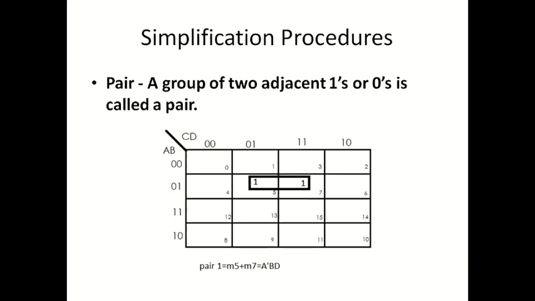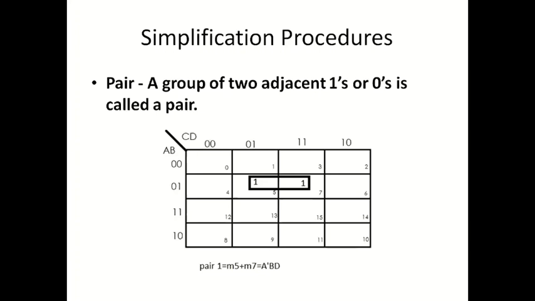Now let's see D. In M5 the value of D is 1, and in M7 the value of D is 1. So in both columns the value of D is 1. It is keeping its value, so we have to take D. So finally, your term is going to be A complement dot B dot D.